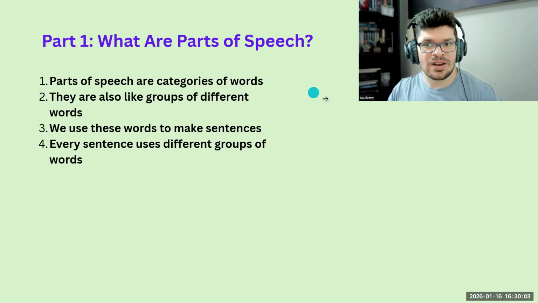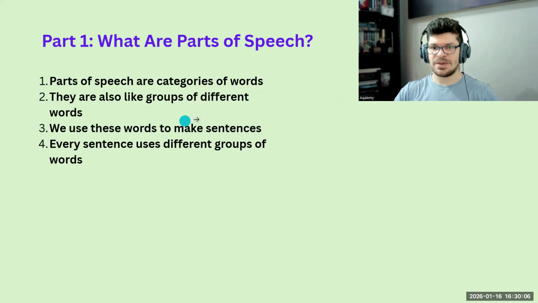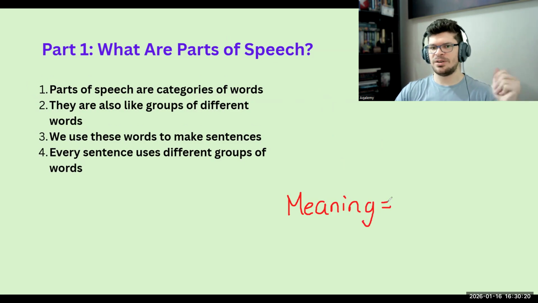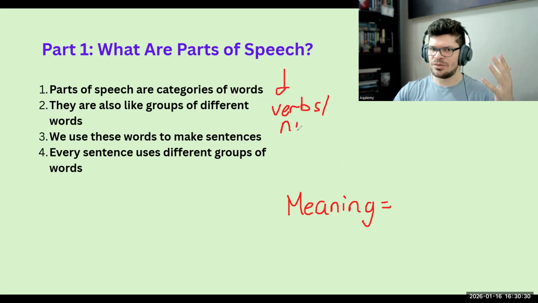Okay. When we look at parts of speech, and if I ask you, what is the meaning? What is the definition? How do you explain parts of speech to someone? Many people will say, oh, parts of speech are verbs, nouns, adjectives, prepositions, conjunctions.